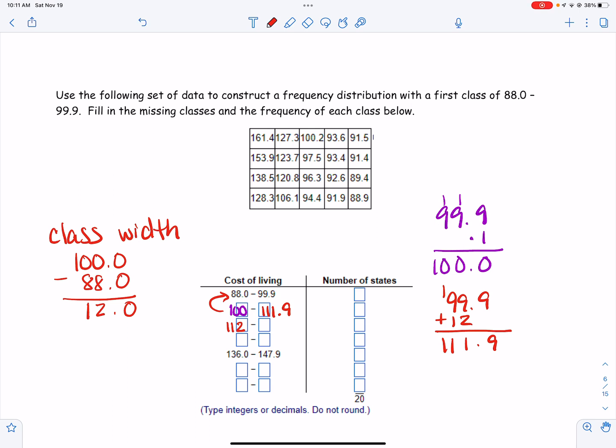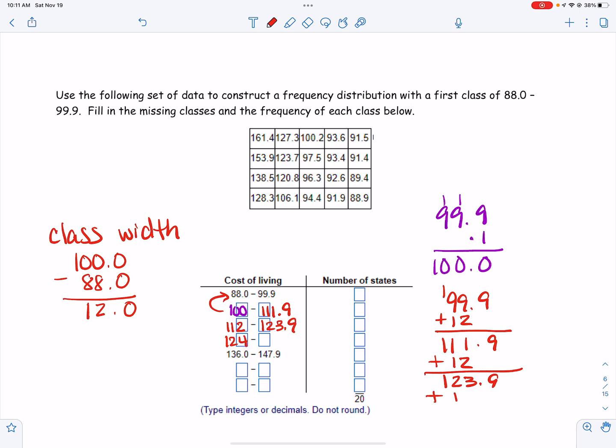And then I add 12 to this, so that makes 123.9. So that makes that 124.